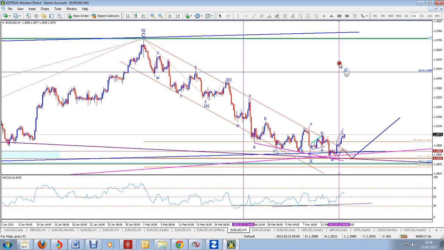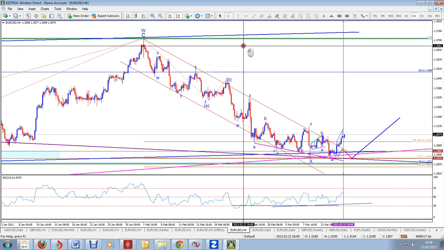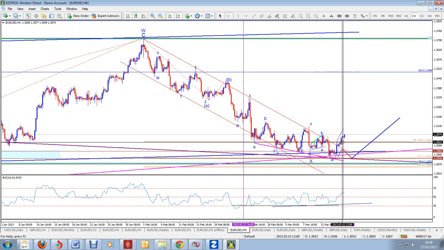So 90 bars there. So that's where we were expecting a possible bottom, but we have to allow some margin of error.